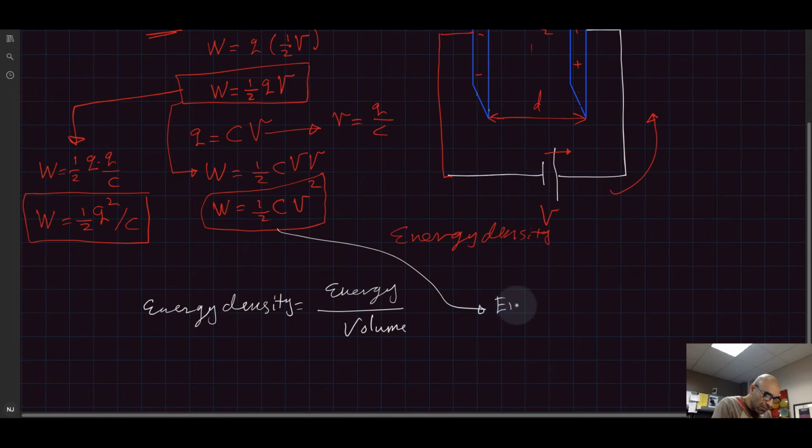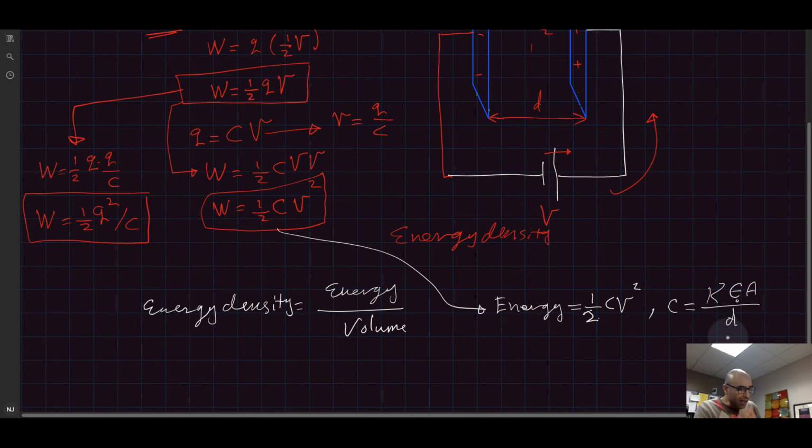The energy of the capacitor is equal to 1/2 times C times the voltage squared. Now we know that the capacitance for a parallel plate capacitor is equal to kappa epsilon 0 times A divided by D. It's easy to memorize because the capacitance increases with the area, increases with epsilon 0 and kappa, and decreases with D.